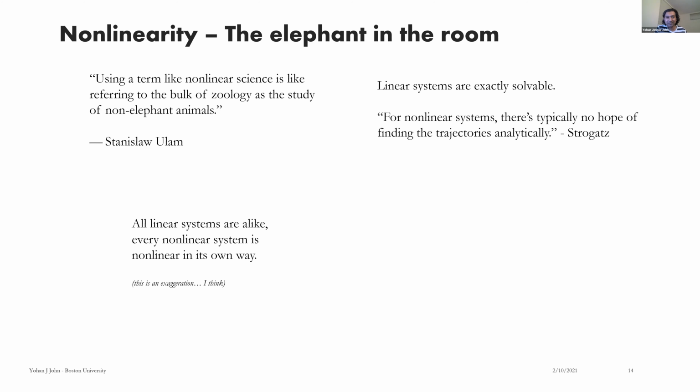Which reminded me of the Anna Karenina principle. All linear systems are alike, sort of, and every nonlinear system is nonlinear in its own way, which is an exaggeration, I think, because there are, at least among systems that we tend to encounter in nature, some similarities. But it's good to keep that in mind.